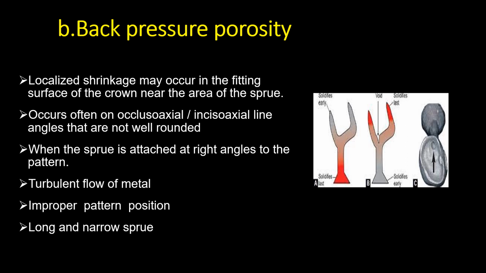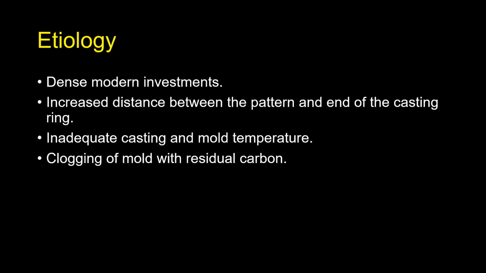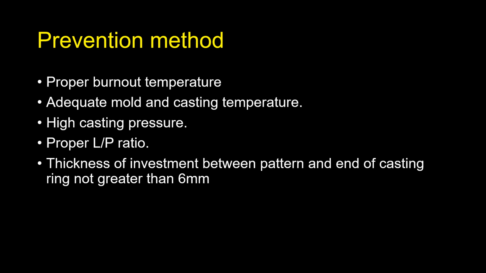The other reasons for back pressure porosity are if the sprue is attached at a right angle to the wax pattern, or turbulent flow of metal, or improper pattern position, or a long and narrow sprue. The other reasons are if the investment is very dense and the wax pattern is very large, inadequate casting and mold temperature, or clogging of the mold with residual carbon.